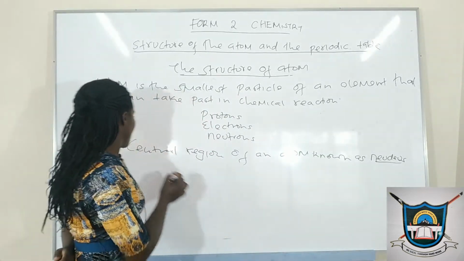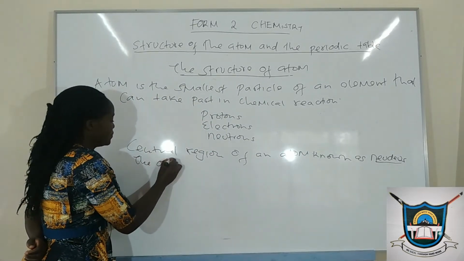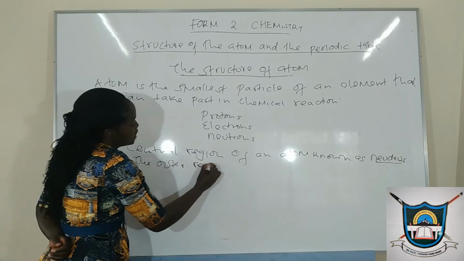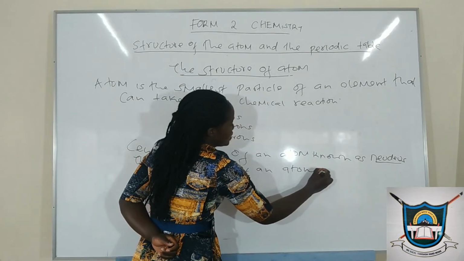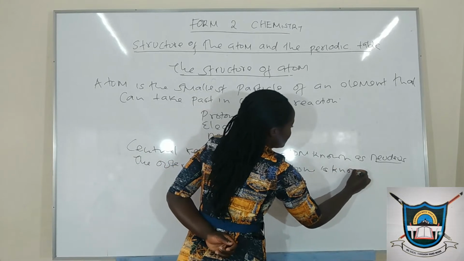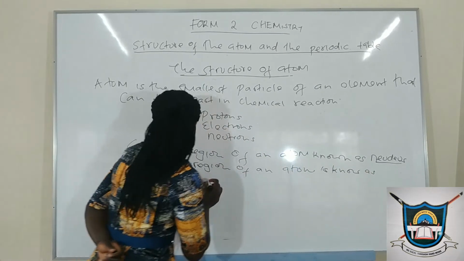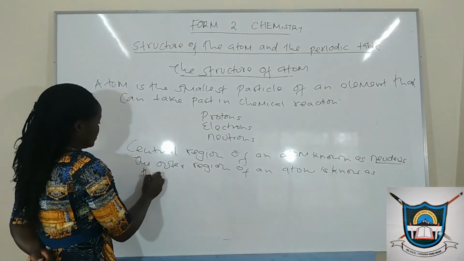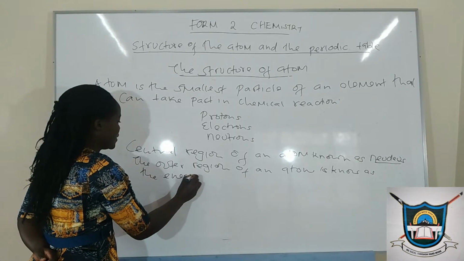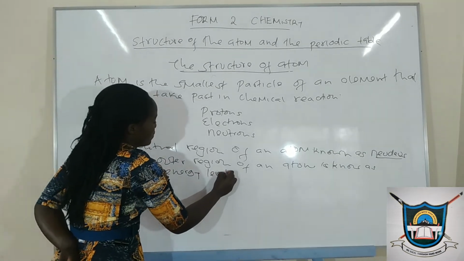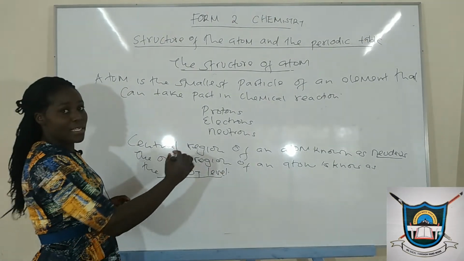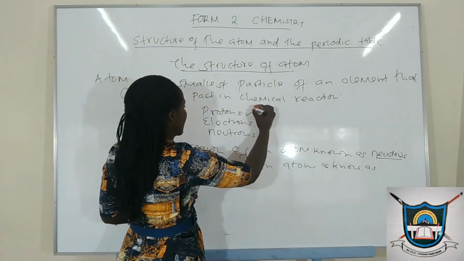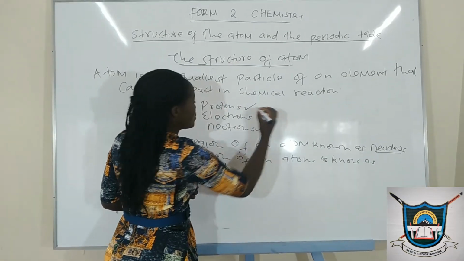And the outer region of an atom is known as the energy level. The nucleus will contain the protons and the neutrons.